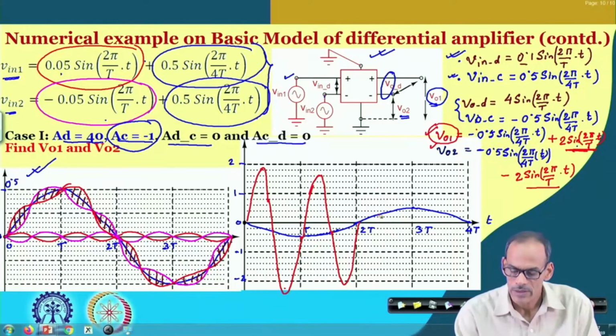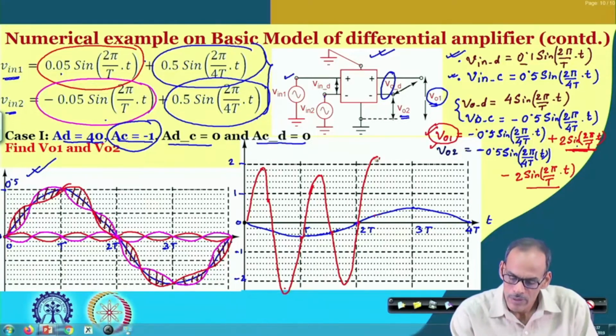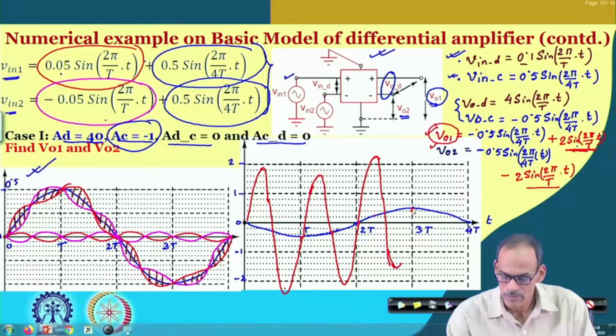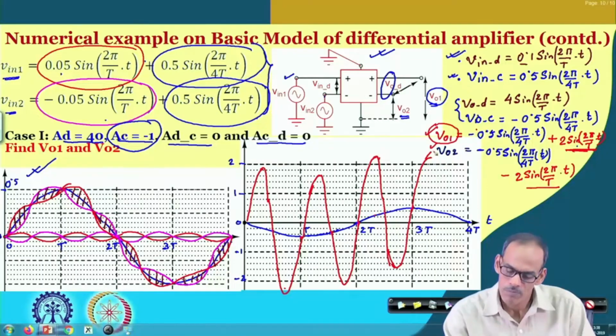Here, however, it is exceeding 2 volt, because we do have the common mode part, and here it will be less than minus 2, or rather it is having a positive part.